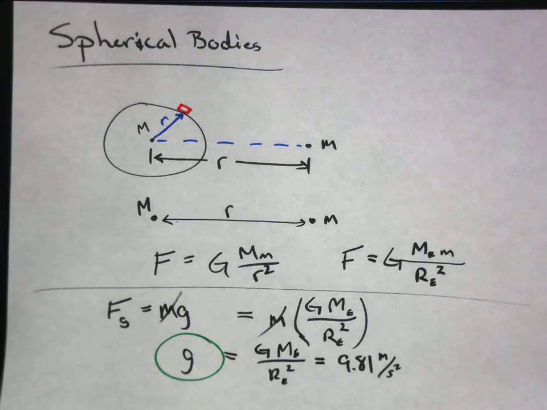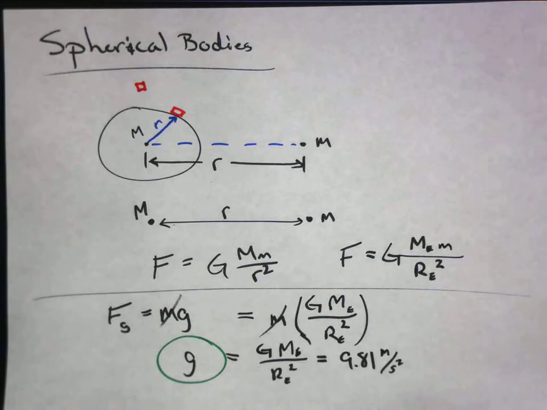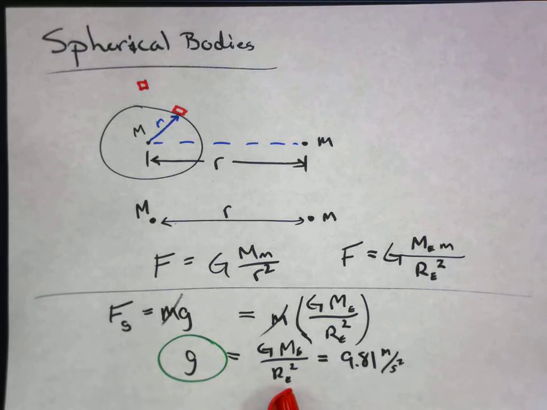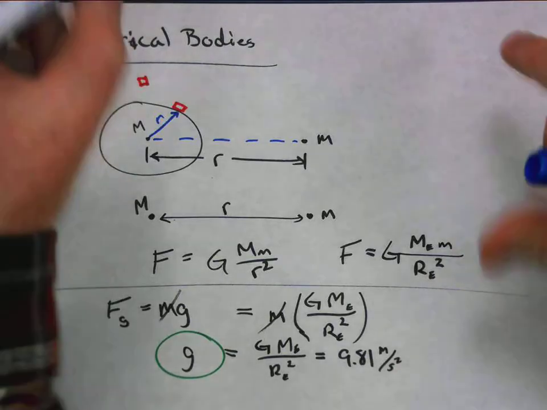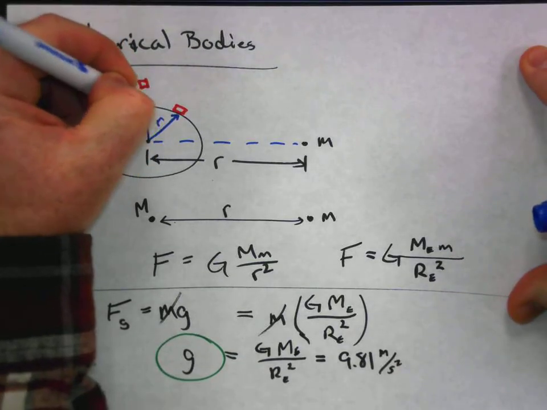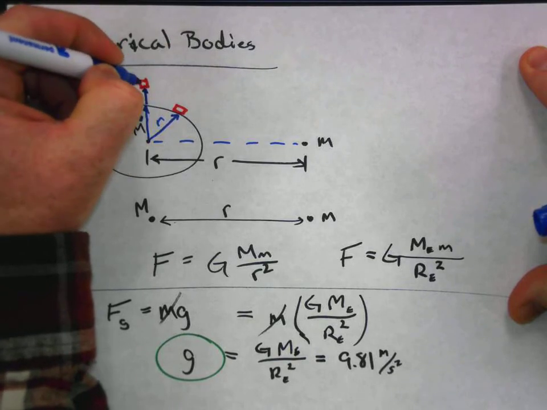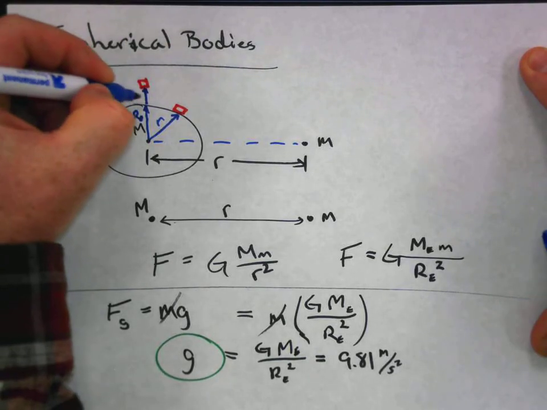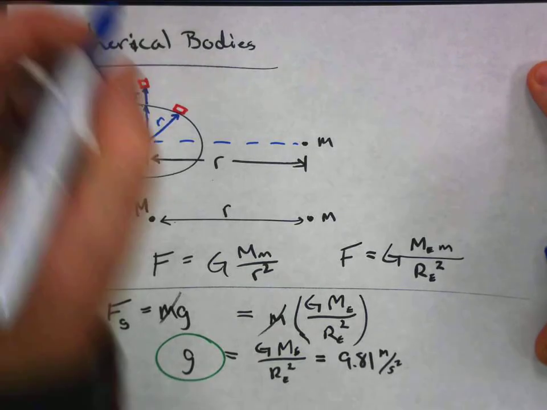If you have an object away from Earth's surface, then you're still using the mass of Earth, but you must change the radius that you use in your calculation. And so the radius there is going to be radius of Earth plus some other altitude, right? Plus some other distance, lowercase r, whatever you like to use.